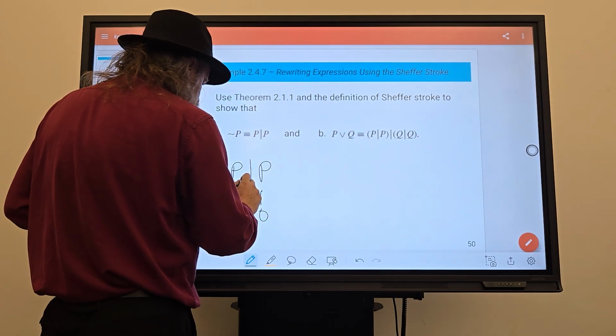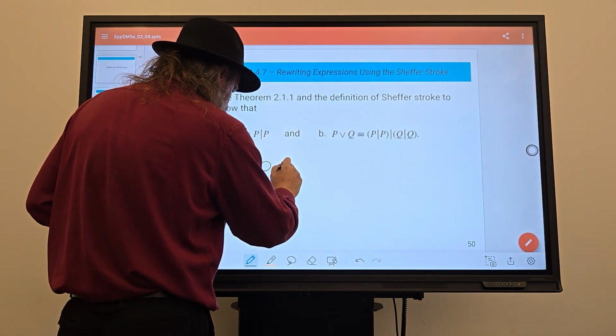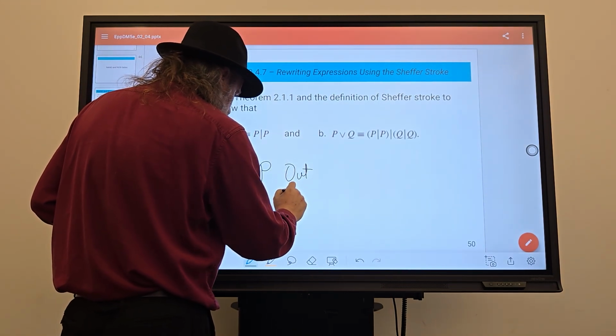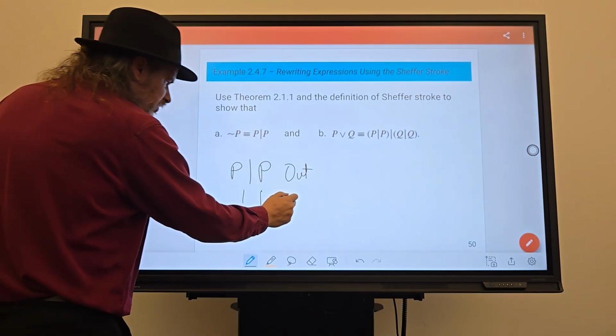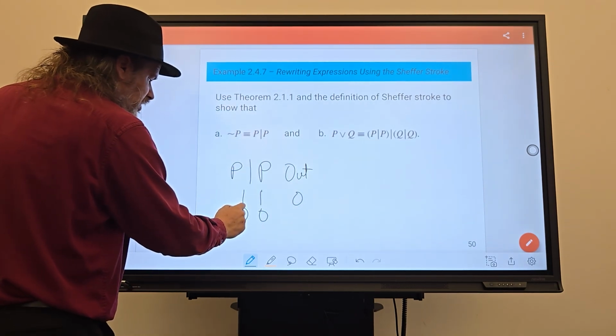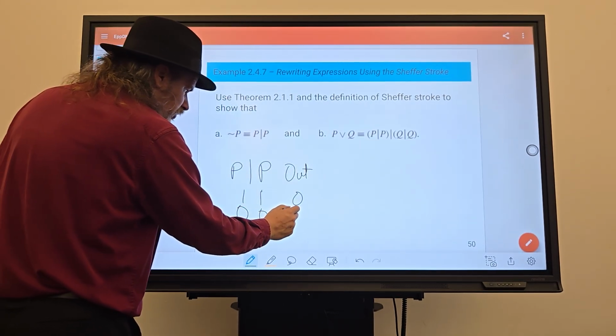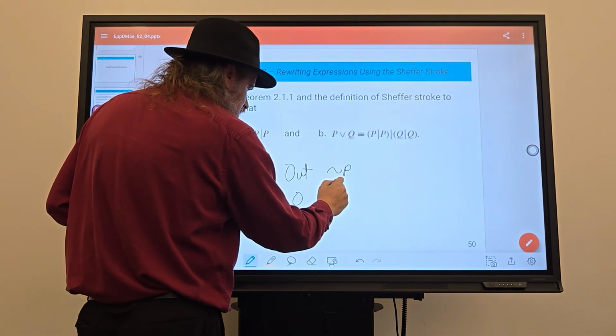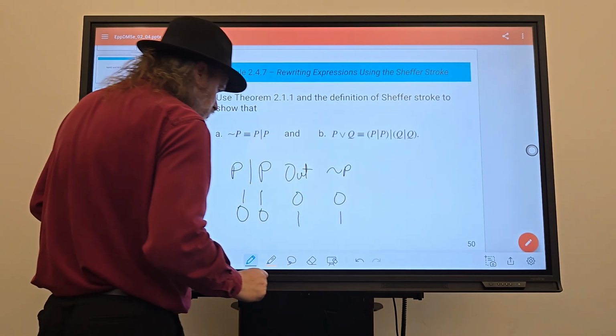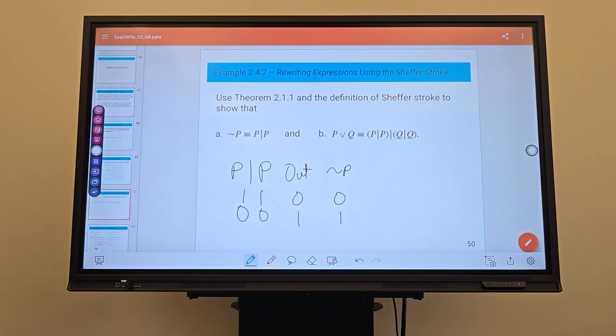What's the output? 1 NANDed with 1 is a 0, and 0 NANDed with 0 is a 1. So therefore, it equals not P. A single NAND gate can be used as an inverter by tying the two inputs together.